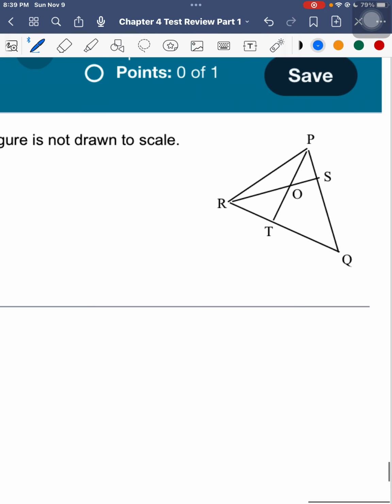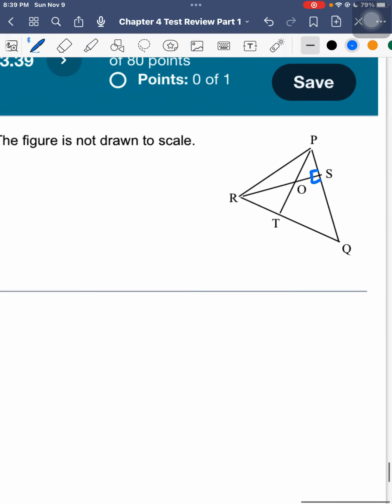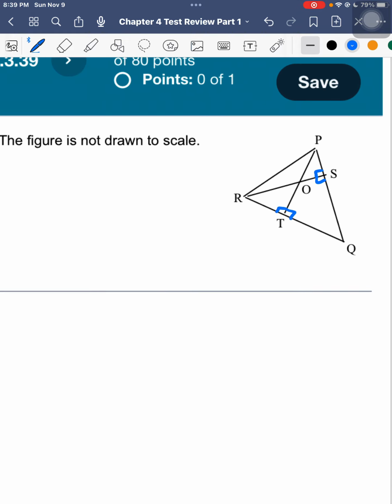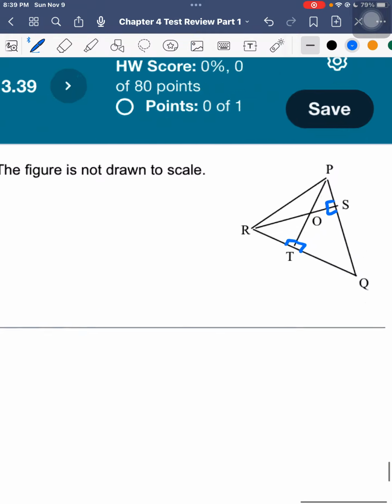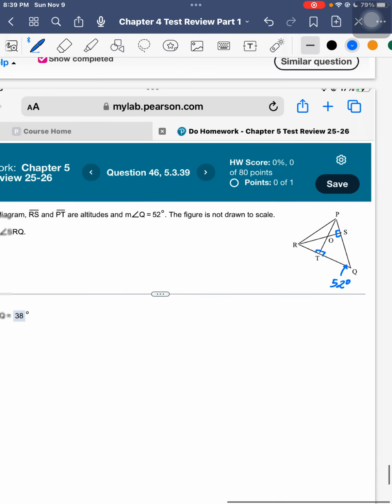So where's RS? RS is over here. So RS is going to be 90 and 90. PT is going to be 90 and 90. And Q is 52 degrees.